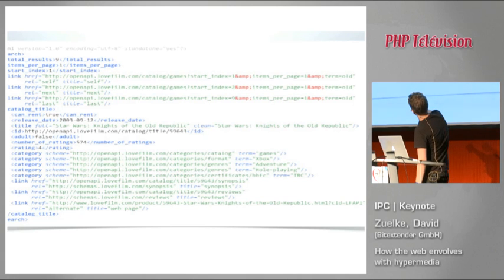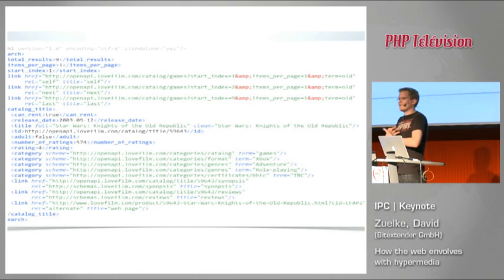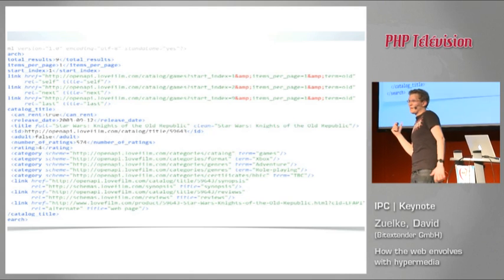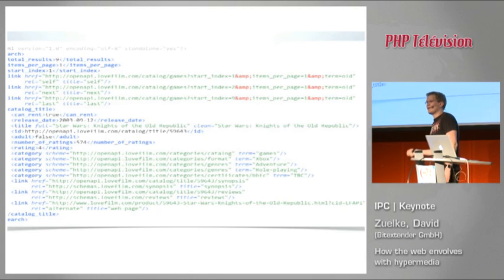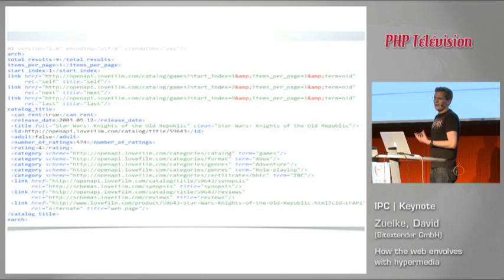And here are some link relations that these guys made up themselves. And they have a link relation for the reviews of that title. So they say, that's the reviews for Star Wars, Knights of the Old Republic. These guys, as I said, got bought by Amazon. So tomorrow they could decide, hey, you know what? Amazon really has a lot better collection of reviews than we do.